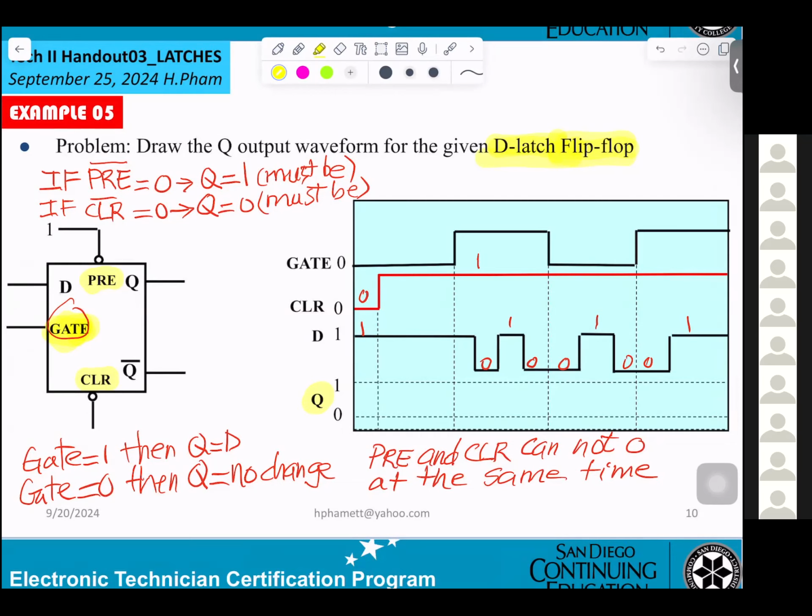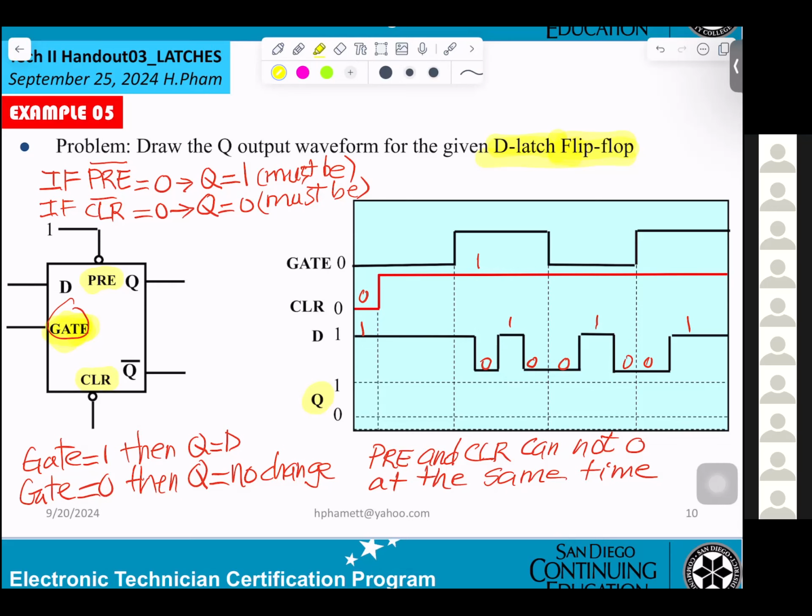How do we know? It always starts out 0. How do you know Q at the beginning is 0? Tell me. You're working easily in binary: if it's not 0, it has to be 1.